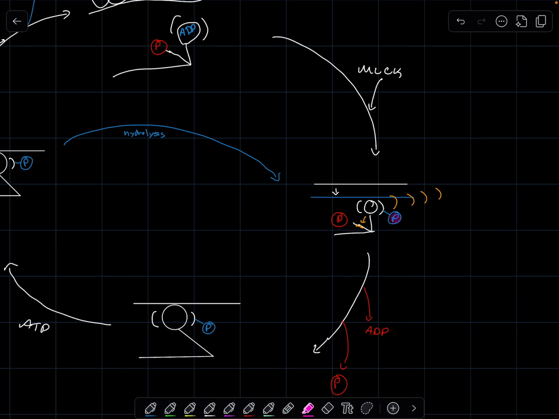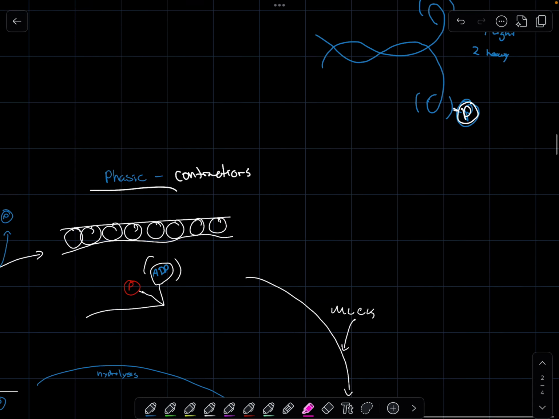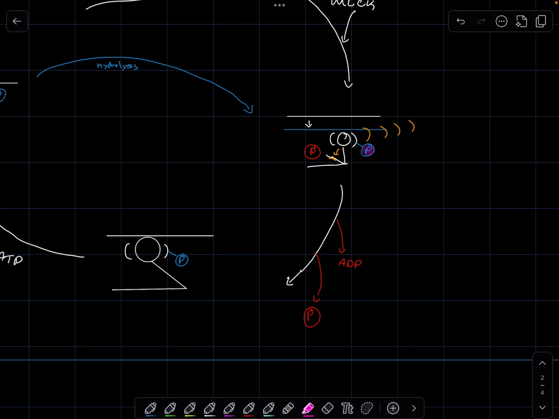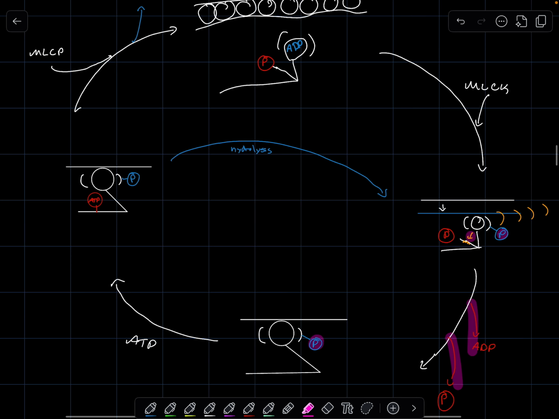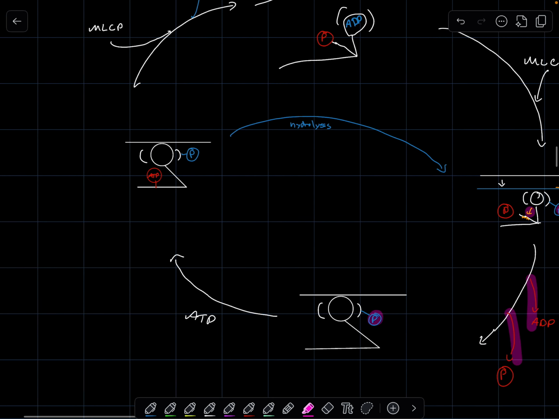Once that adds on to that light chain, as we've shown here, the phosphate that was originally correlated with the ADP will pull off by that arrow right there, and it will come off. We'll perform the power stroke, but we'll still have the phosphate from MLCK on there.